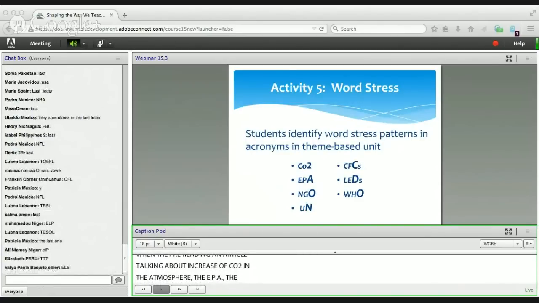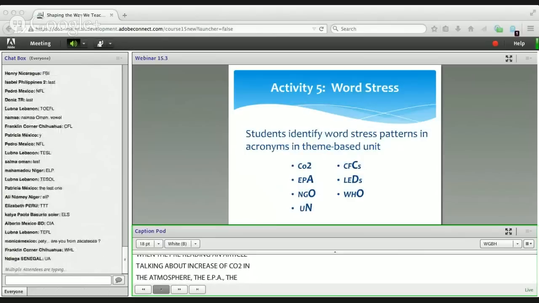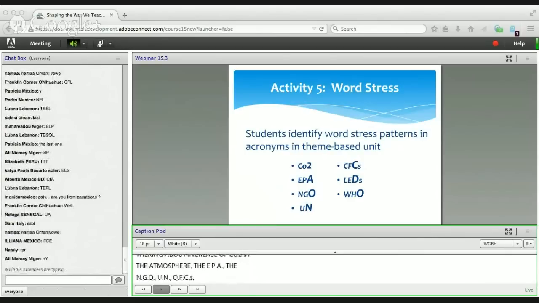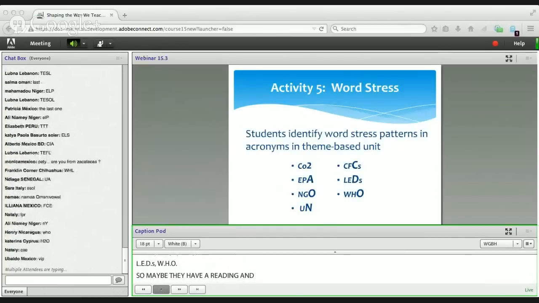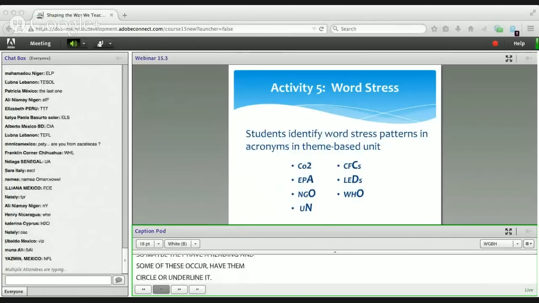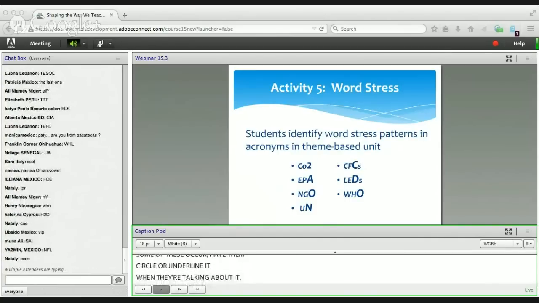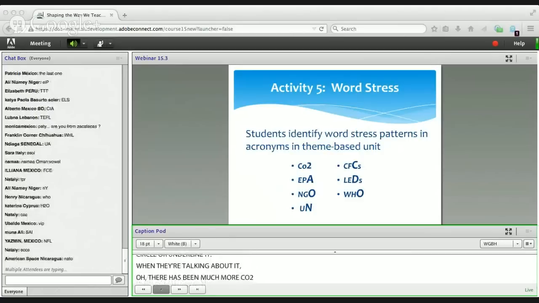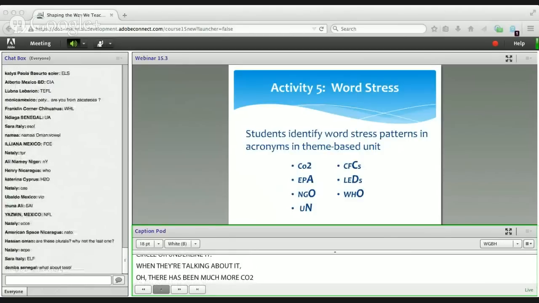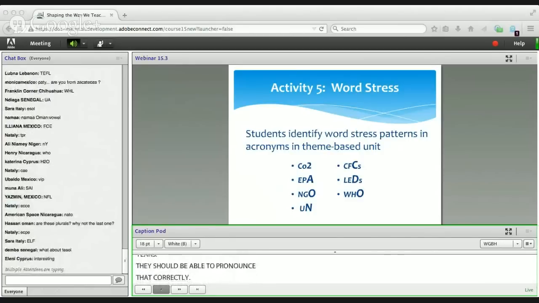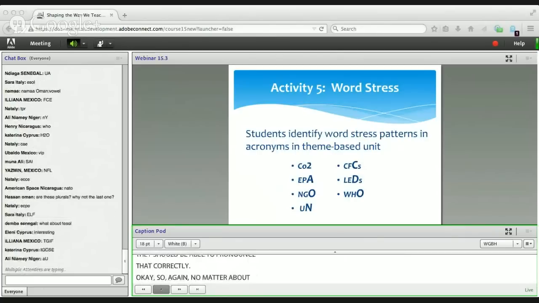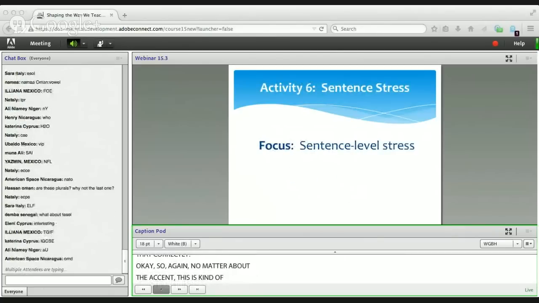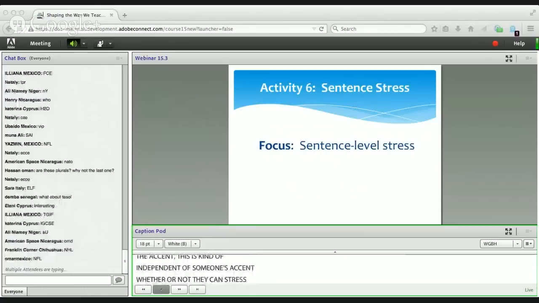Have them circle it, underline it. Then when they're talking about it, there has been much more CO2 in the atmosphere in recent years, they should be able to pronounce that correctly, okay? This is independent of someone's accent, whether or not they can stress the last syllable, okay? Great, so let's move on.